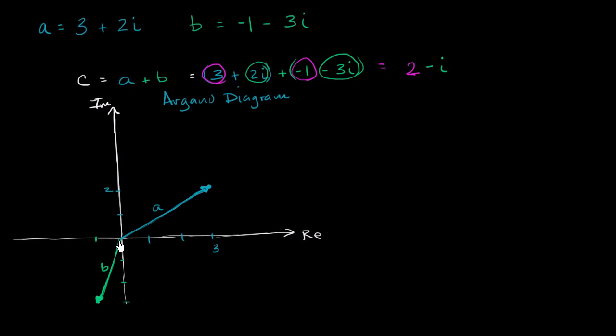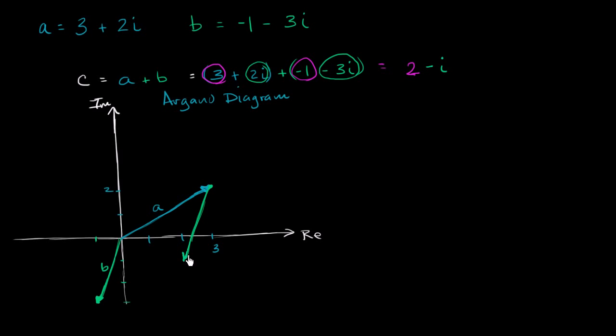You take the tail of B and put it at the head of A. So you go down 3 and you go to the left 1. So it's going to put you right over here. All I've done is shift B over so that its tail is at the head of A.